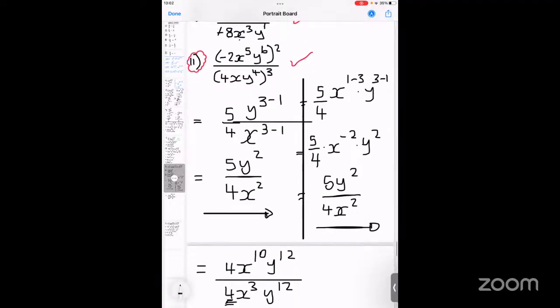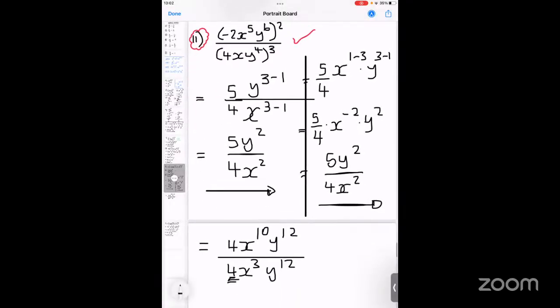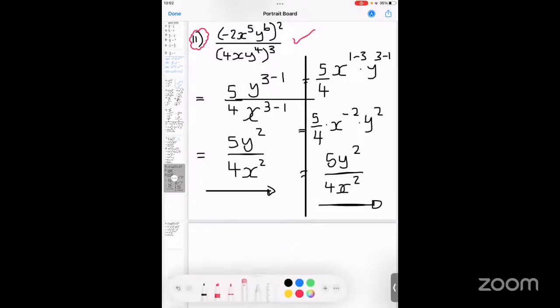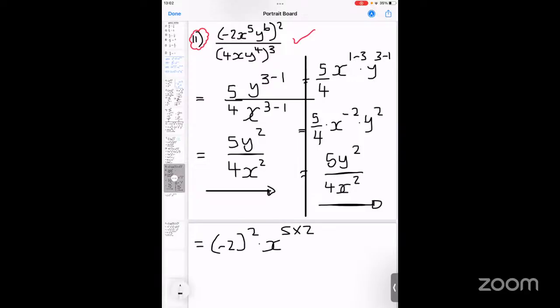You know what makes it wrong, Manahil? It's when you skip the steps. So you need to rewrite it without skipping the steps, which means write it as -2 squared. Then say x 5 times 2, then say y 6 times 2. Can you see what I'm doing there, Manahil? Yes, sir.